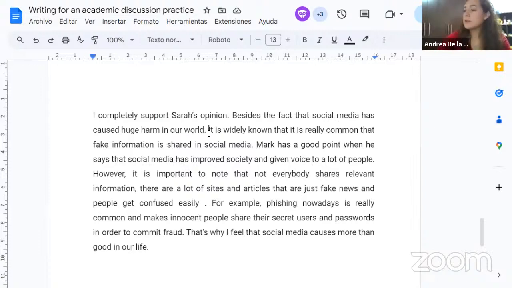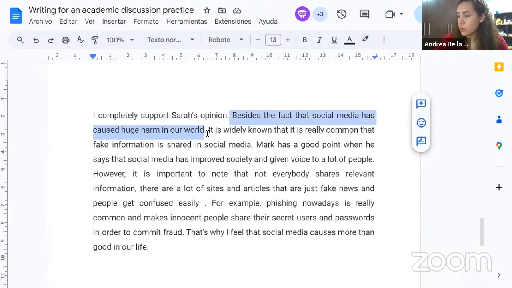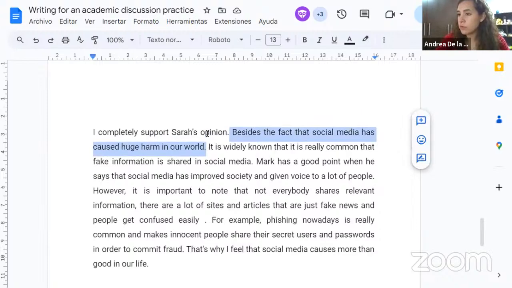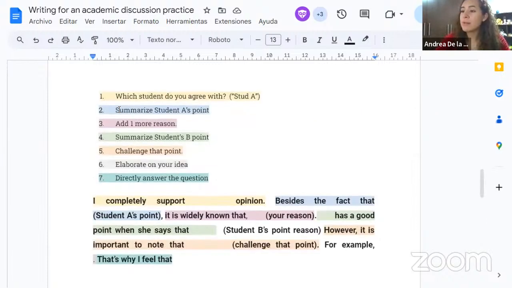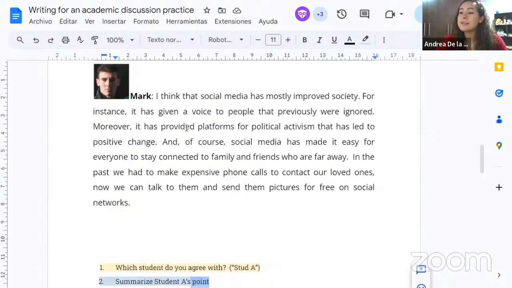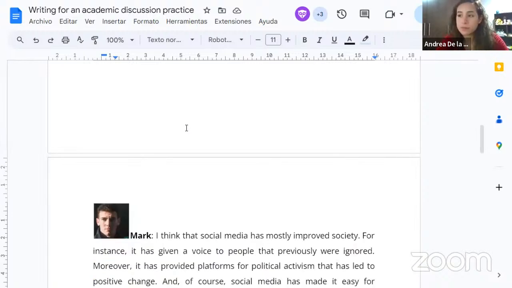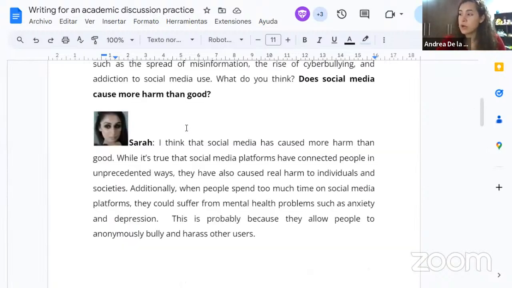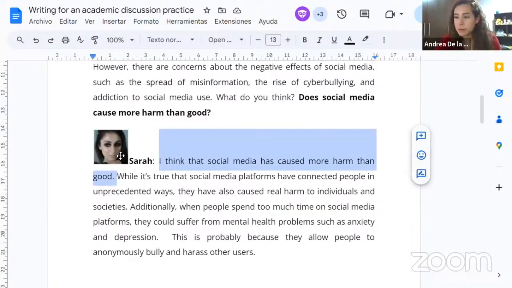Okay, good. So Pamela and everybody, one tip that I can give you guys here, for this second sentence, if we look at the structure, you have to summarize student A's main point. When I say point, what you need to do is summarize his or her reason instead of his or her opinion. The opinion is the way that this student is answering the question.